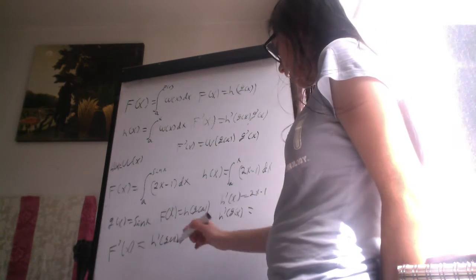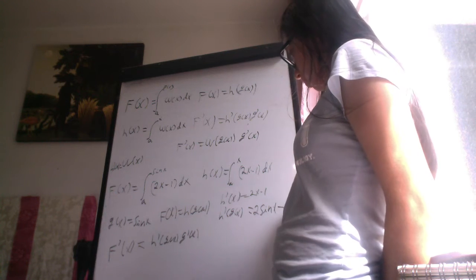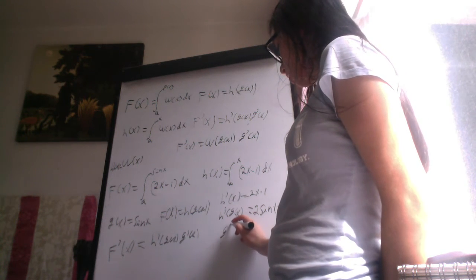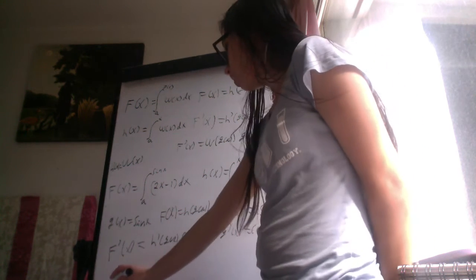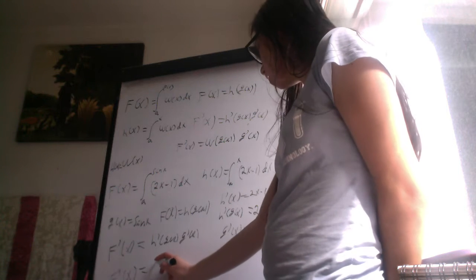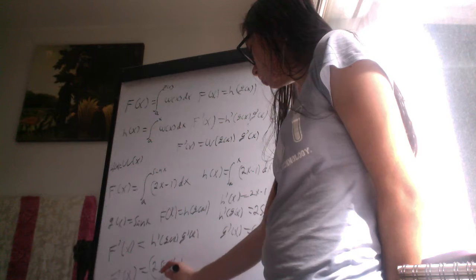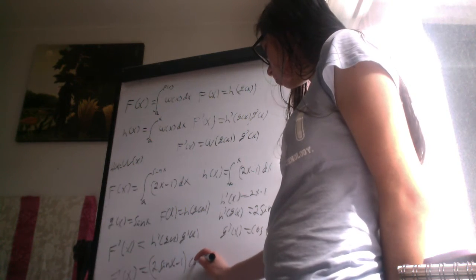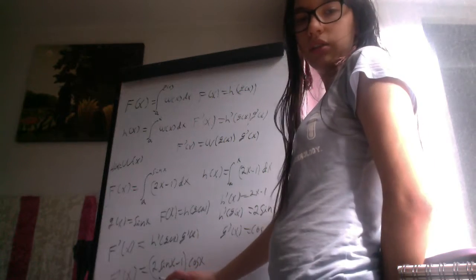What's g of x? Sine x. So it's 2 sine of x minus 1. And g prime of x is cosine x. So f prime of x is equal to 2 sine x minus 1 times cosine of x. So this is the chain rule.